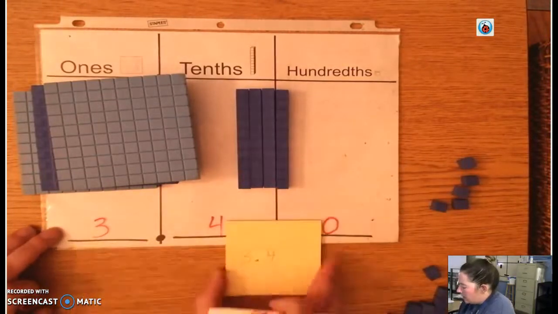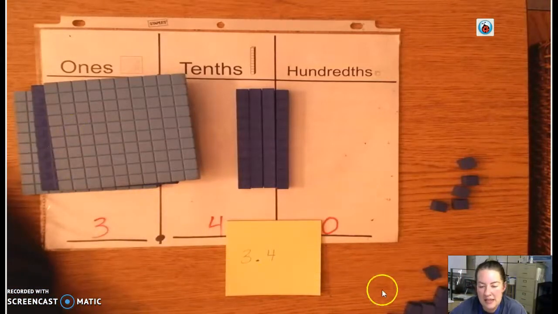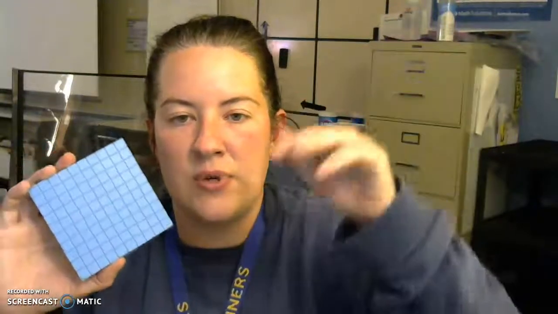So that's what you're going to do there. You're going to be practicing this on the next page using virtual base 10 blocks. I put some instructions in the Google slide. The second page gives you instructions on what you're supposed to do. There's a video, so you need to click and watch that, and it will explain what you're going to be doing.